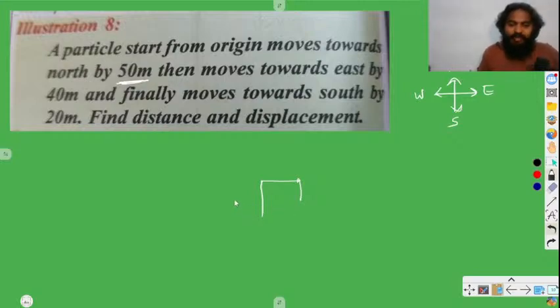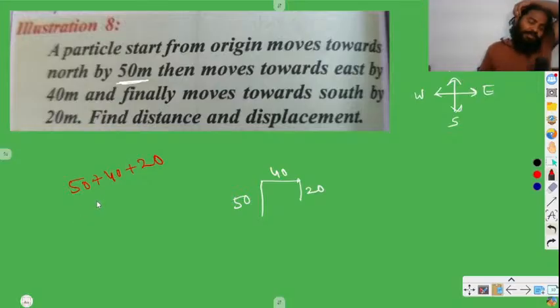So 50 meters, 40 meters, and 20 meters. Distance is nothing but 50 plus 40 plus 20, so 90 plus 20, which is 110 meters. He asked to find the distance and displacement.